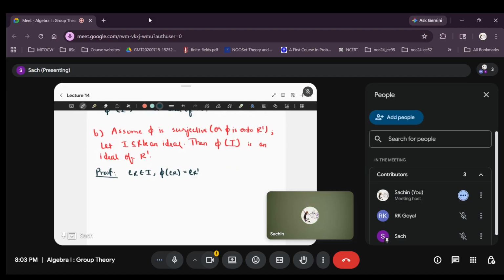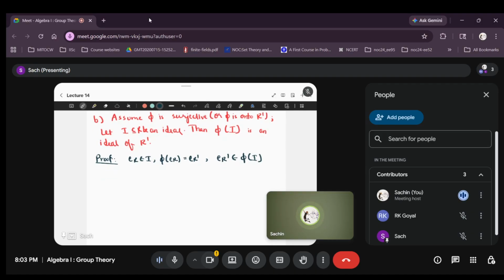And 1 and e we will use interchangeably to mean the multiplicative identity. So e of R prime belongs to phi of I for any I. Therefore, phi of I is non-empty. It contains the identity.